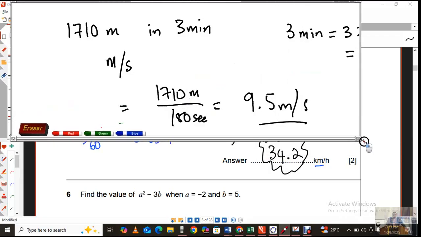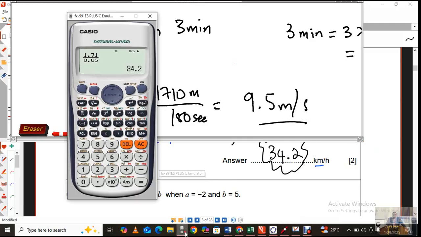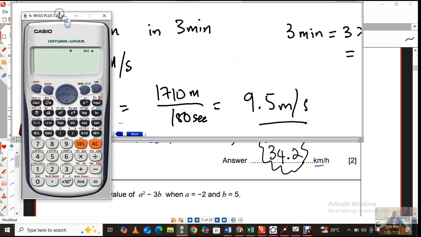So if I want to change 9.5 meters per second to kilometers per hour, you do have this calculator, but of course it's not allowed because it has programmable features. But if you have it, good for you. I'll take 9.5 meters per second and convert it to kilometers per hour.